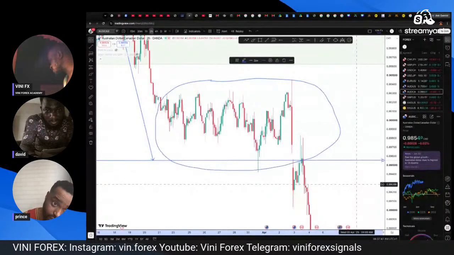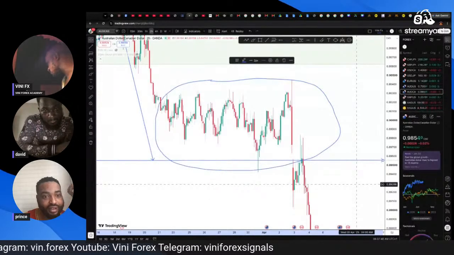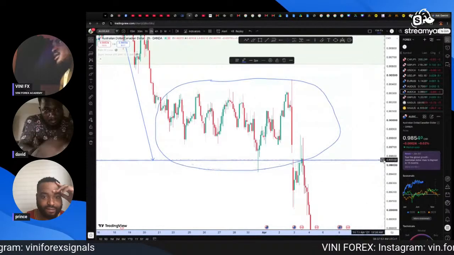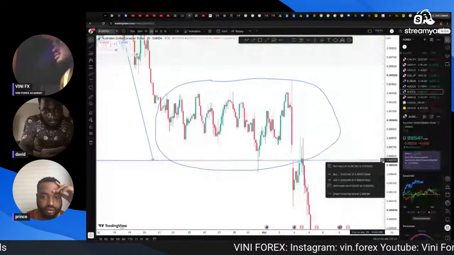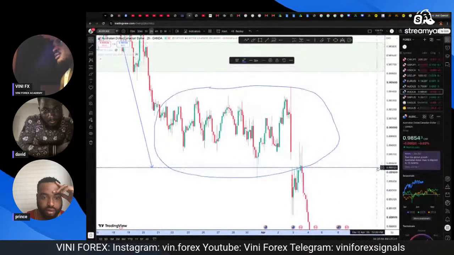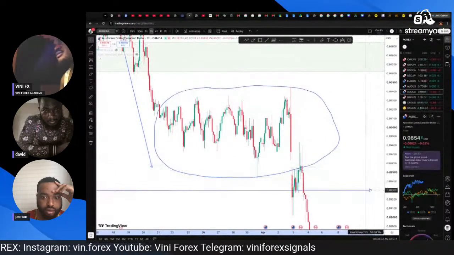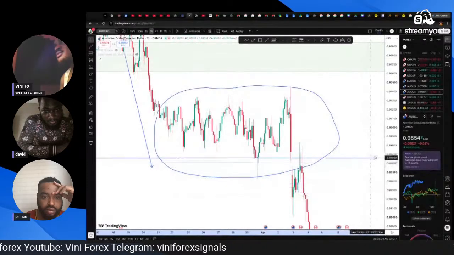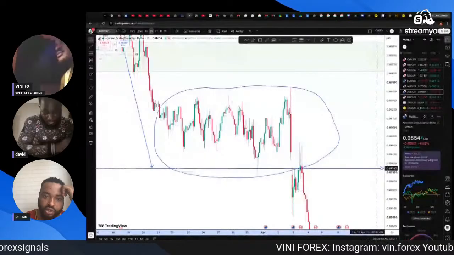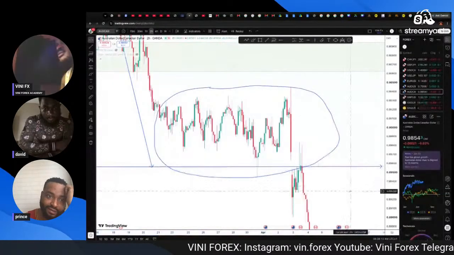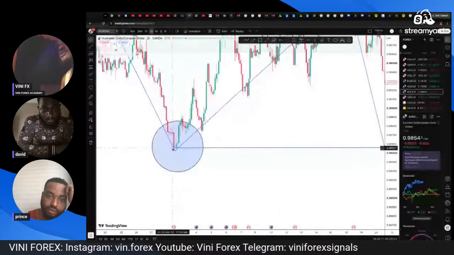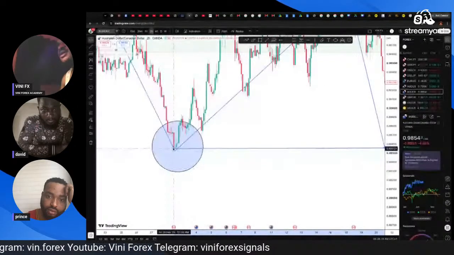What line was that in this class? This line here. Oh, trend line? It's not a trend line. Look at where the line started from. At this point, what line is this?